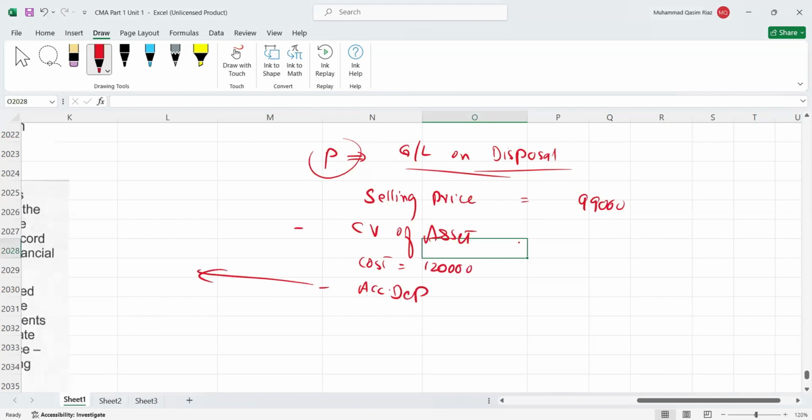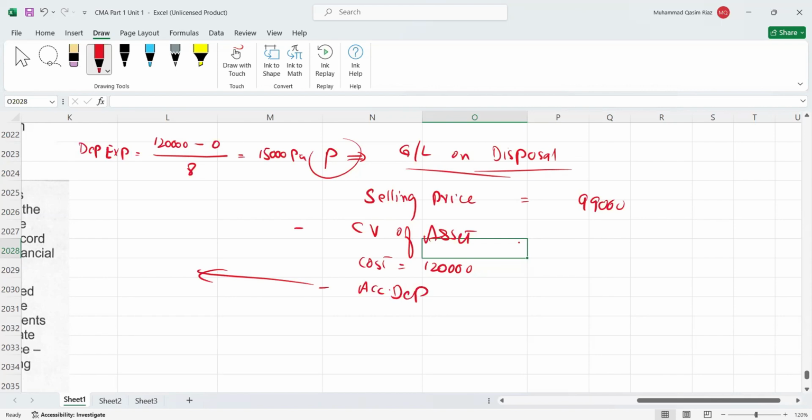So how do we calculate accumulated depreciation? We apply the straight line method, and the total life is 8 years. So first find the depreciation expense: cost of asset 120,000, salvage value 0, divided by 8. Depreciation expense will be 15,000 per annum.